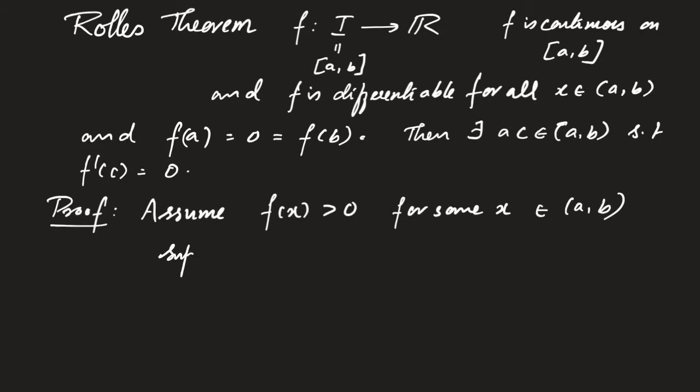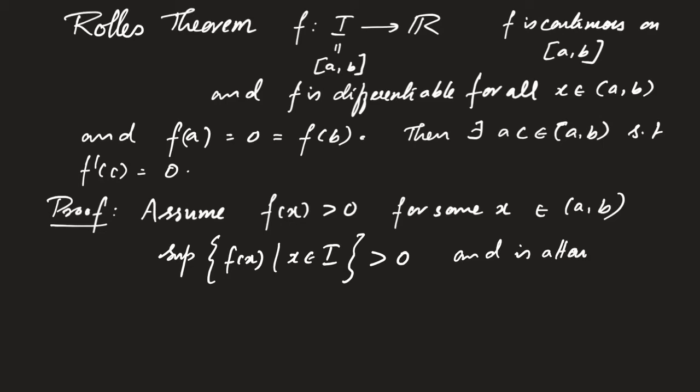Thus, the supremum of f(x) such that x belongs to I is strictly greater than 0 and is attained at some point c in open (a, b). Why does it have to be in open (a, b)? Because at a and b we know that the function's value is equal to 0, but the supremum is greater than 0, so it cannot be at a or b.